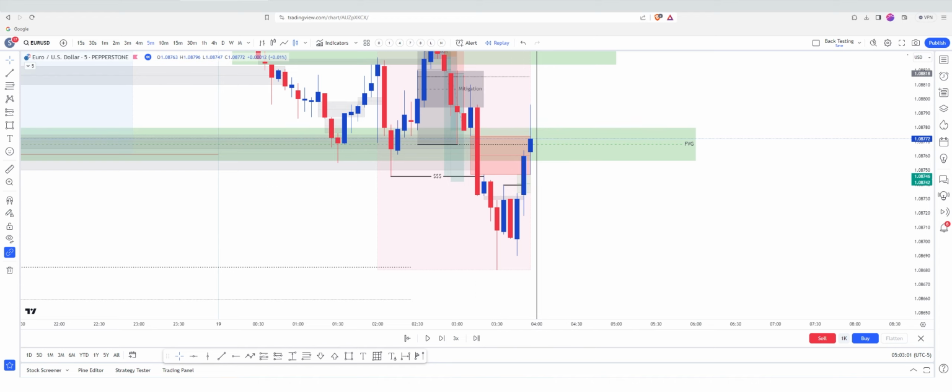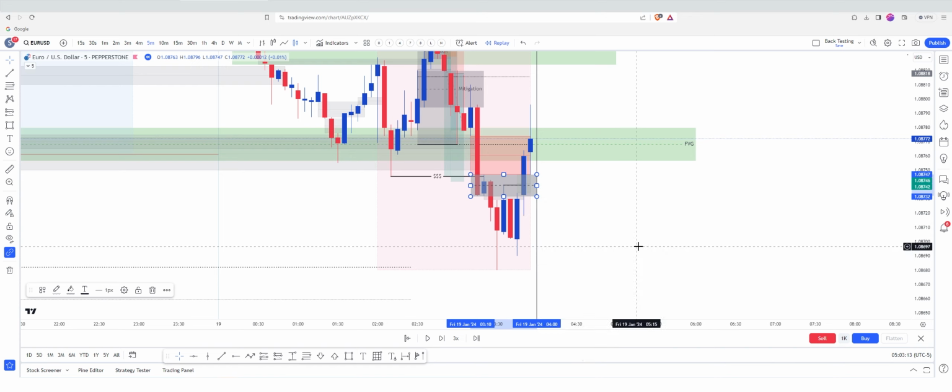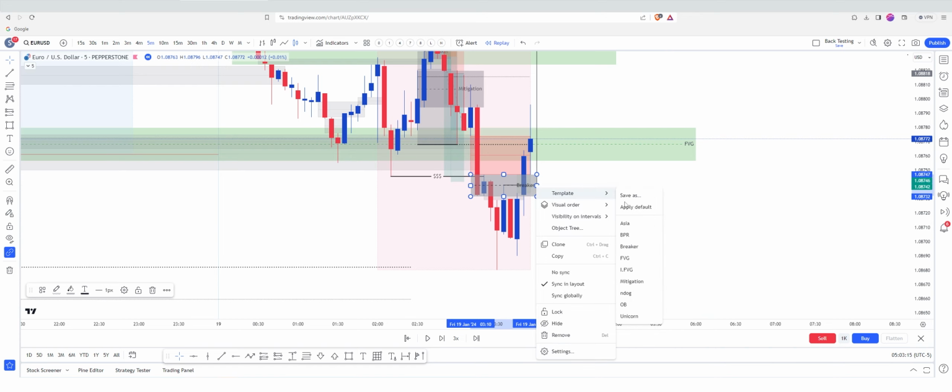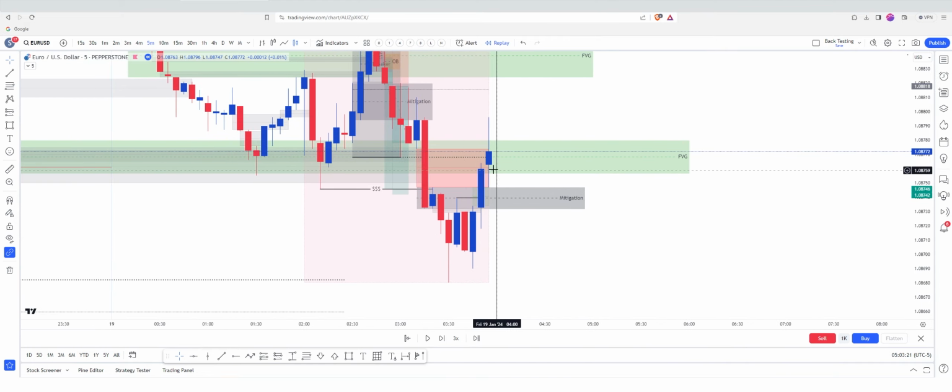We've obviously got this as a mitigation block or a breaker block. It's actually a mitigation block. Got a fair value gap inside, that's on the 5-minute time frame.